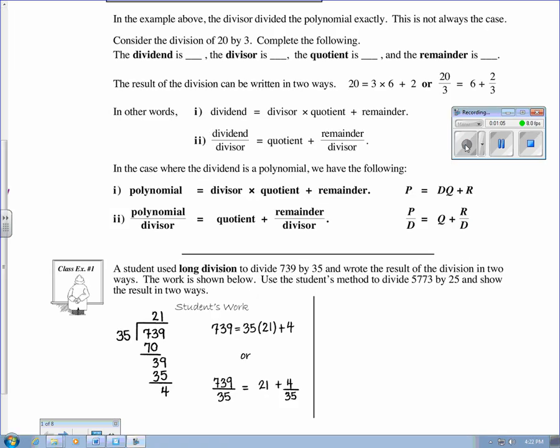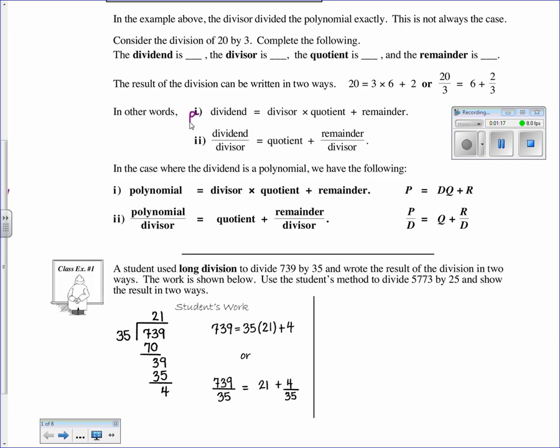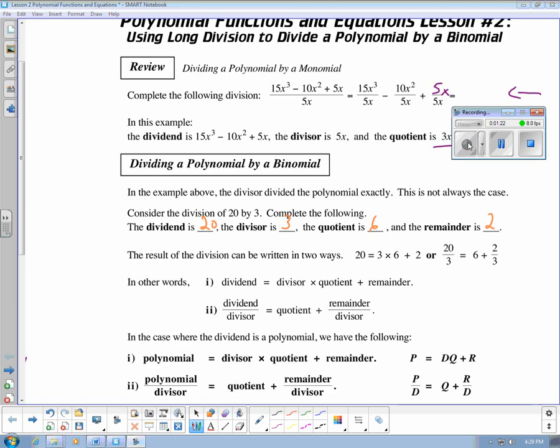So there's some language associated with division. The divisor, the quotient, the remainder, and the dividend. I'm trying to divide into 20. That's the dividend. Sorry, I was having trouble with my orientation, but that's fixed. We have some language to get used to.